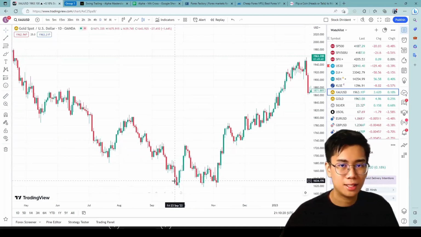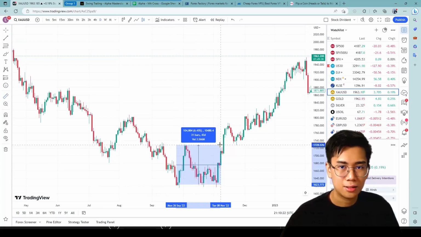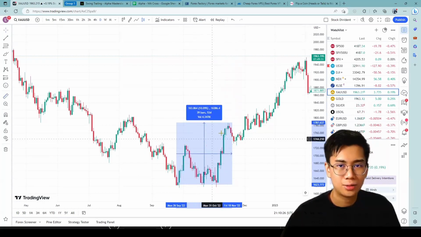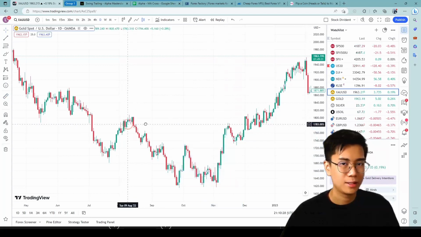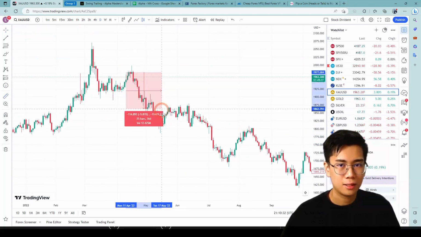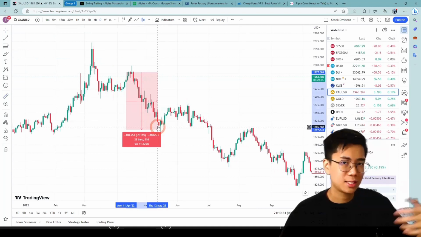16,000 point in a ranging. Okay, you may survive from the ranging, but if it goes even further, dead. From here to here, also dead. And then from here to here, also 16,000 point.